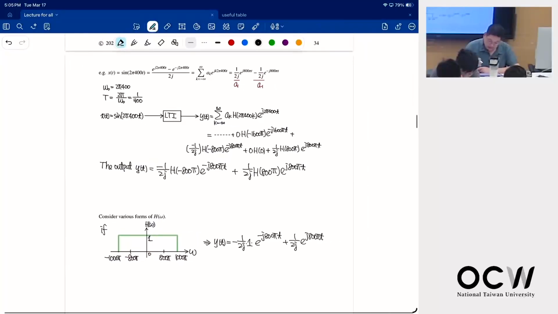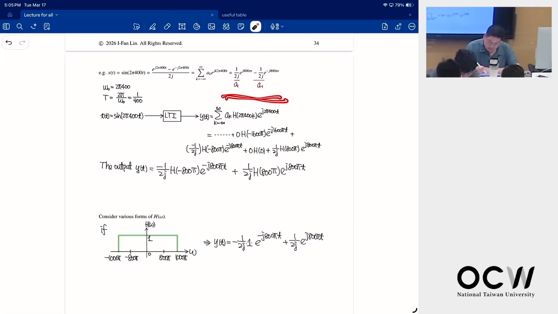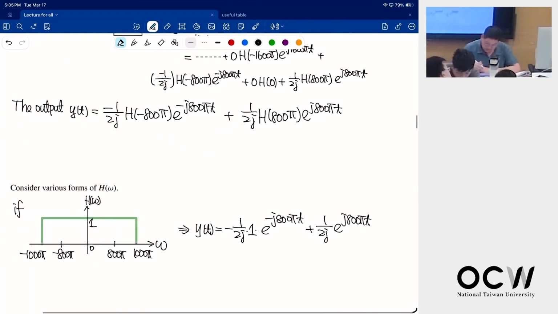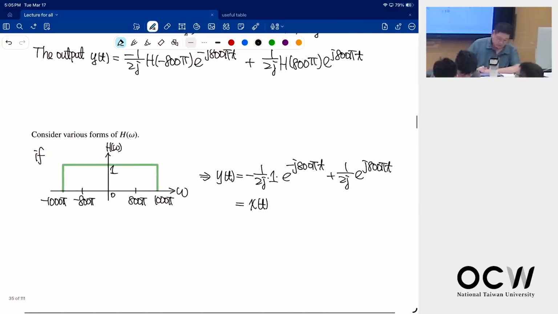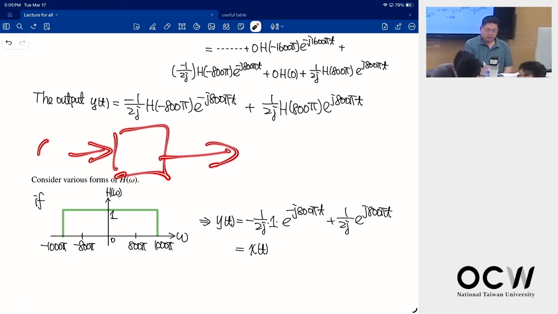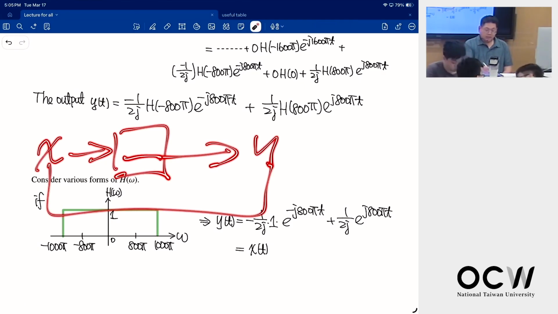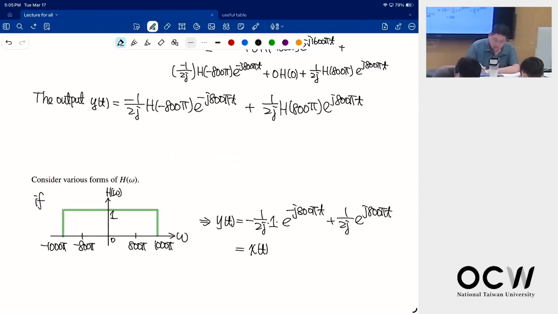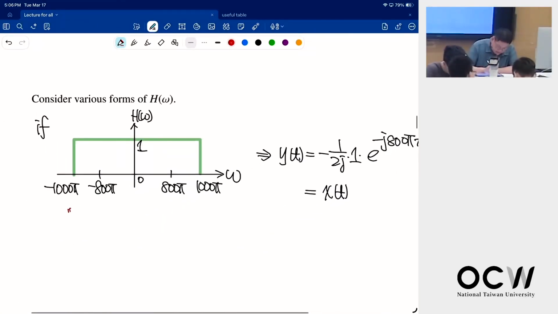And this is exactly the same as your x. So that means I send the x to a system and I get y, so the x and y are the same. This system is like a filter. They just pass the signal without changing anything.